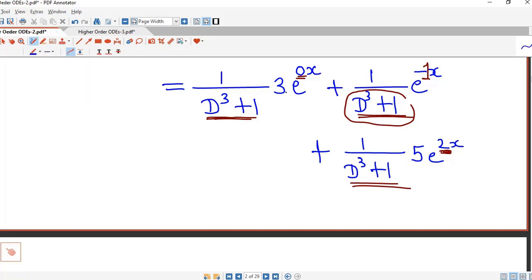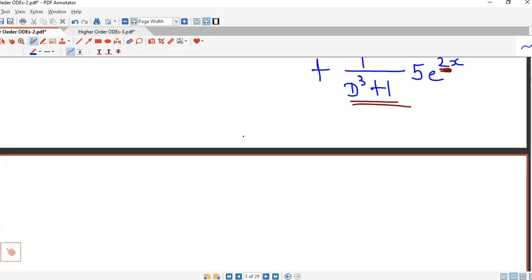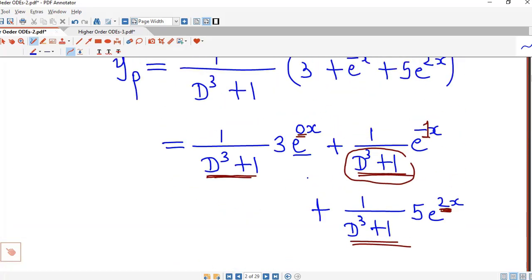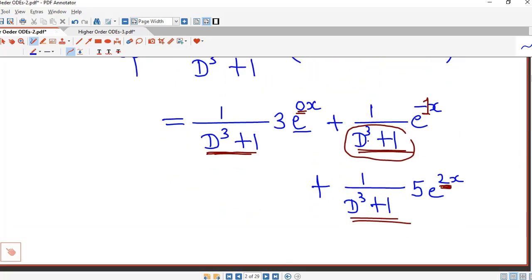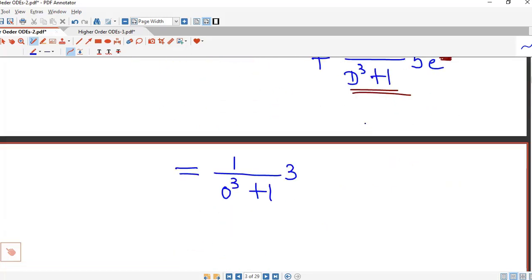So here we put d equal to 0, so we have 1 over 0 plus 1 into 3. We write one more step: we are putting d equal to 0, and here 3 e raised to 0x we write as 1. Here we are not putting d equal to -1 because it becomes 0 if we put d equal to -1. So here we differentiate with respect to d and we multiply by x.